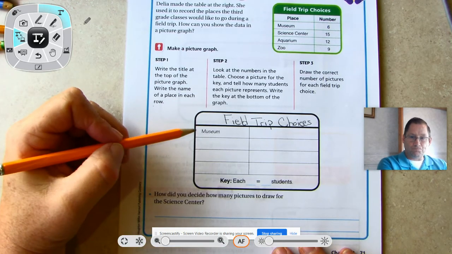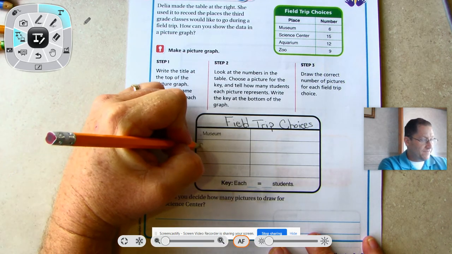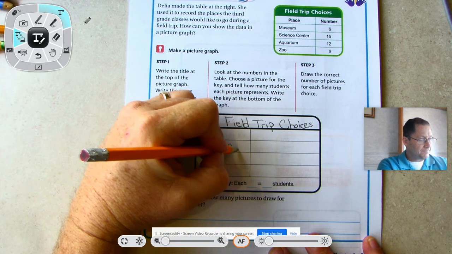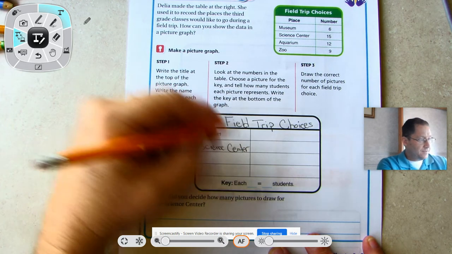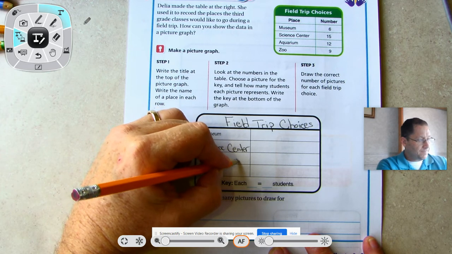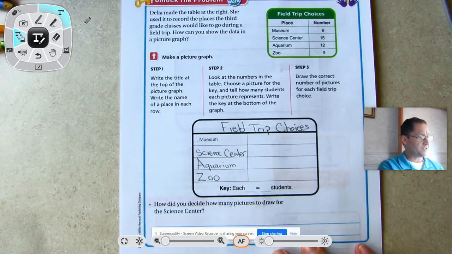And museum was one place. We also have the science center. The aquarium.